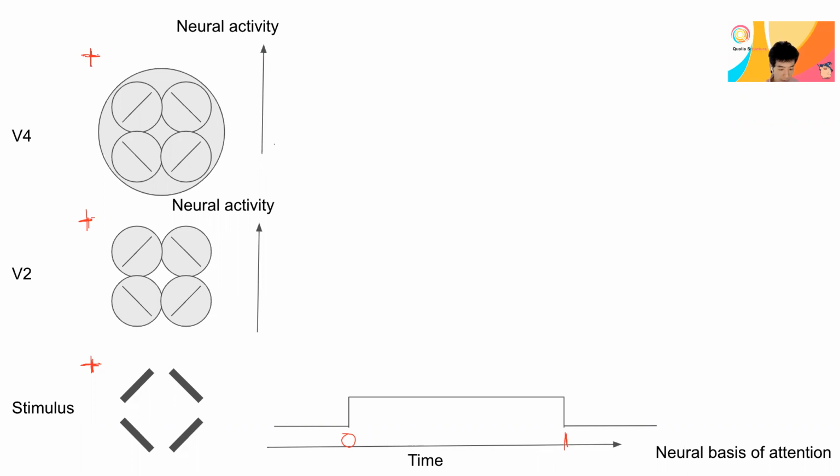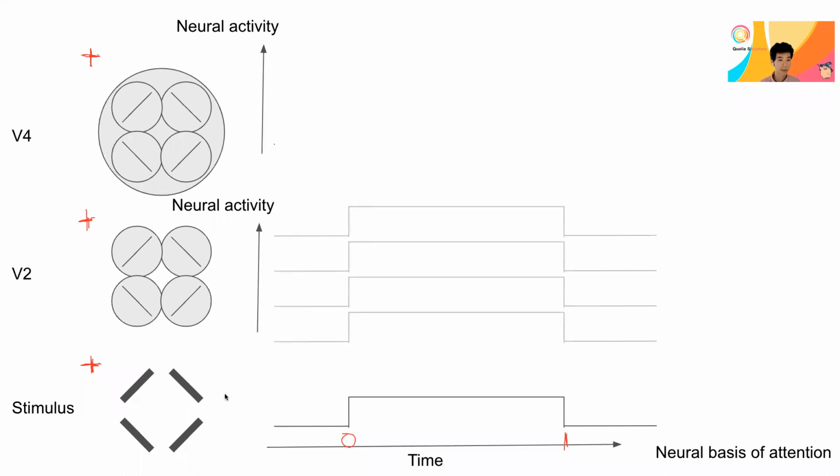And what happens at the level of neurons, if you can record all of the five neurons at the same time, is that for each neuron that responds at each location, if that neuron prefers a particular orientation, let's say this is neuron 1 and it prefers this orientation at that location, then it shows activity that increases at the stimulus onset.